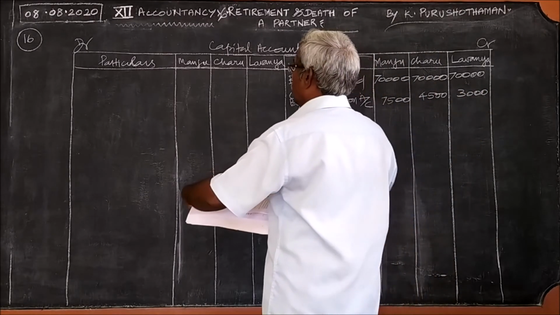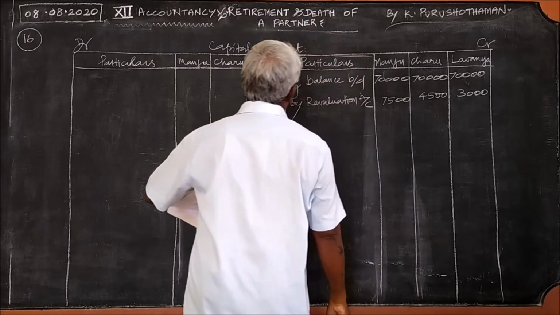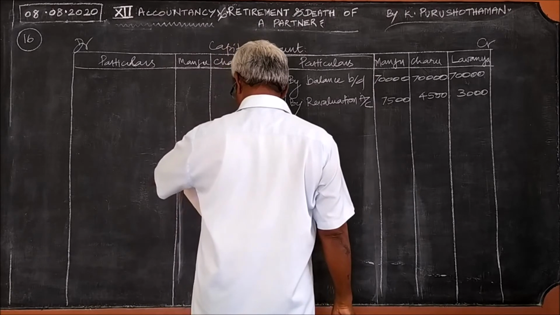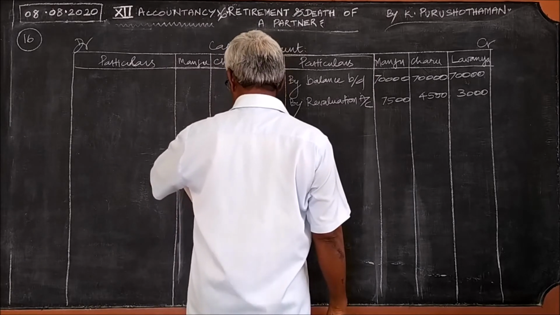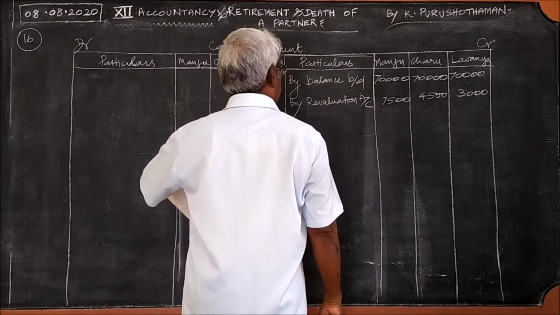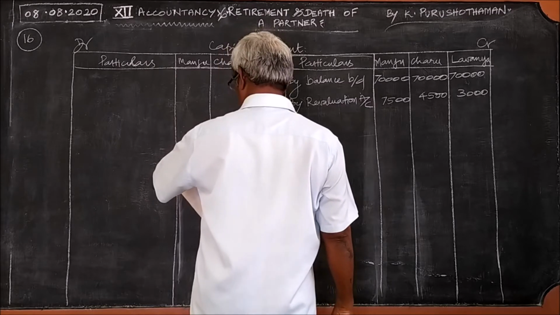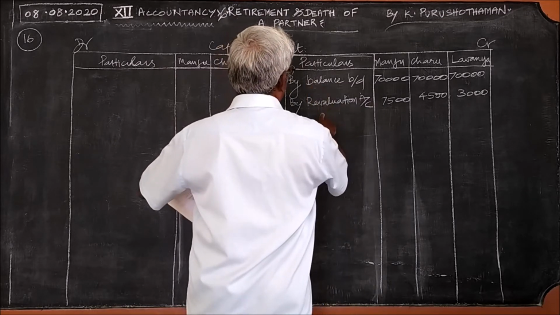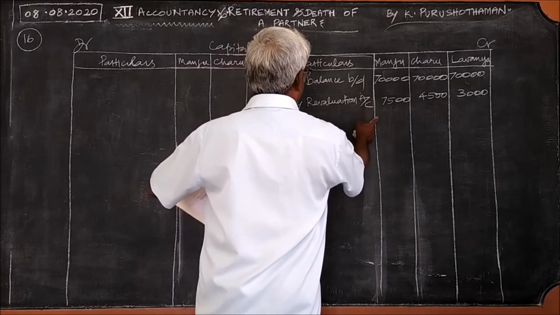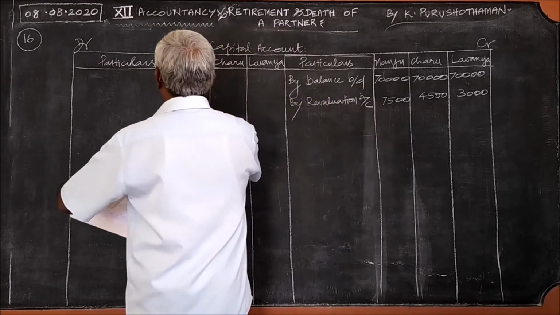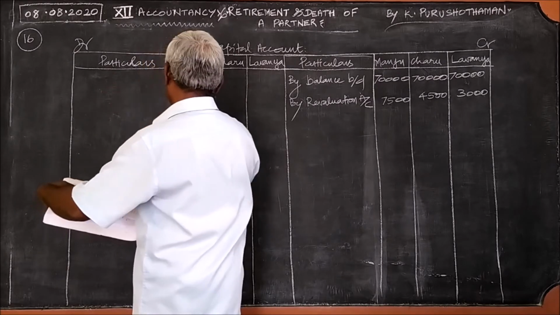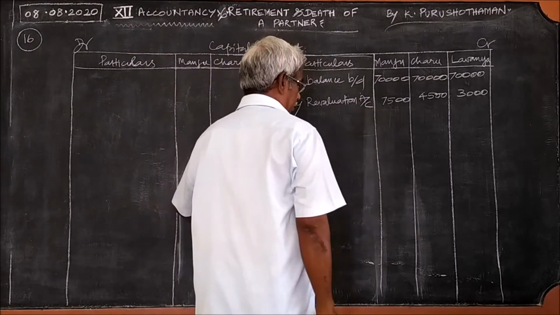This is what we have calculated and written under revaluation account. After revaluation, what we must do? This is compulsory. If it is revaluation profit, it goes on the credit side; if it is revaluation loss, we will write it on the debit side. Here profit we have written.